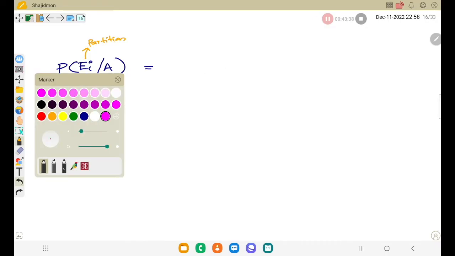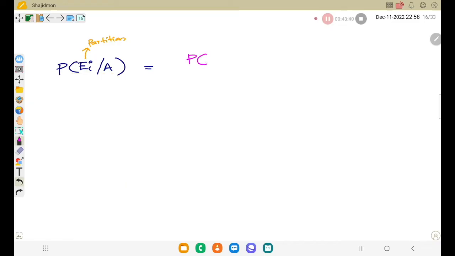So I will write the rule here: the probability of Ei given A is equal to, where Ei means whichever partition we are taking in that sample space, the probability of that particular partition, Ei, multiplied by the probability of that event A given that Ei happened, divided by the total probability.